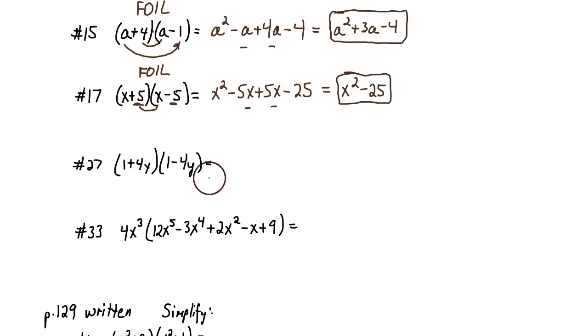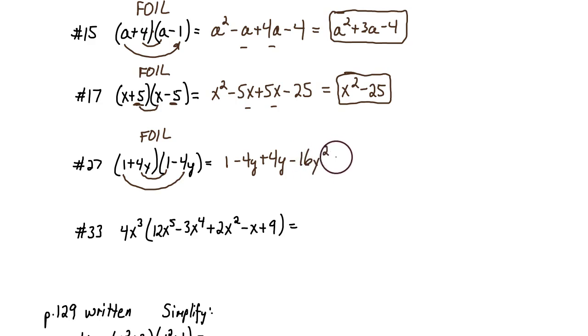Number 27, let's multiply these using FOIL. 1 times 1 makes 1. Now the outer product, negative 4y. Now the inner product, positive 4y. And then the last terms, positive 4y times negative 4y makes negative 16y squared.